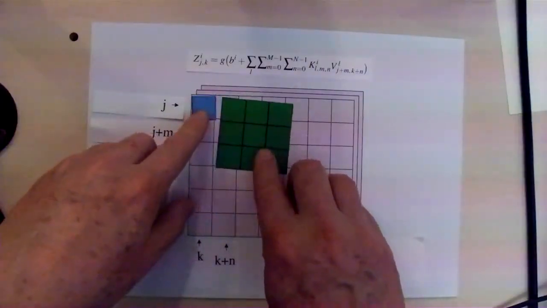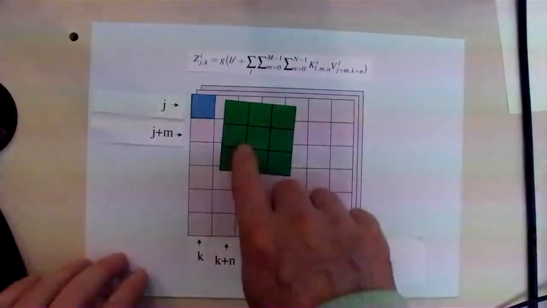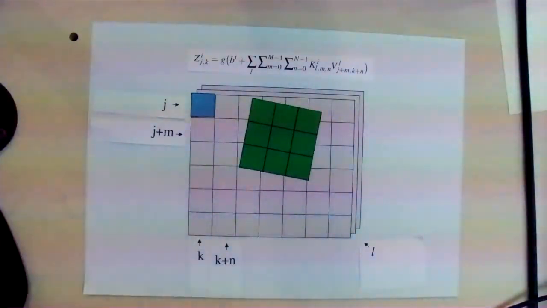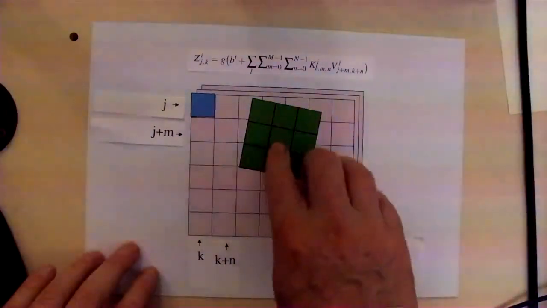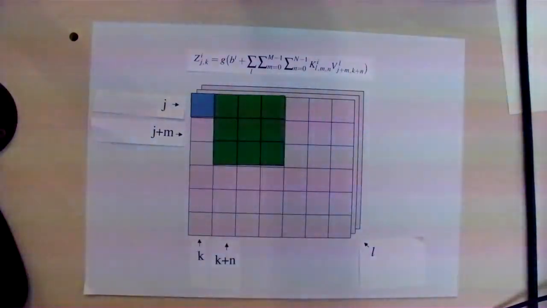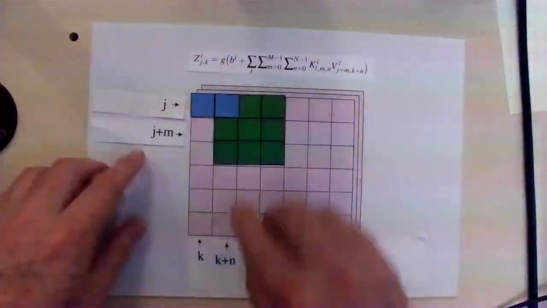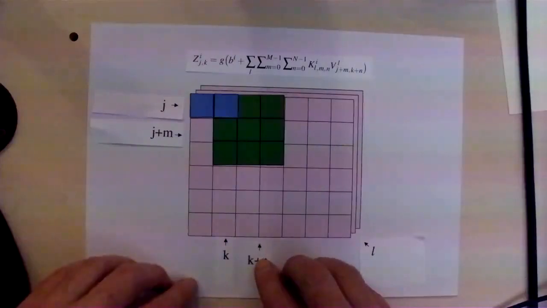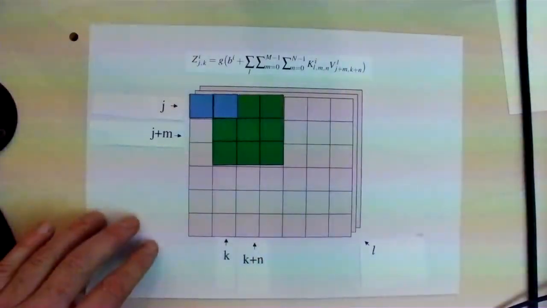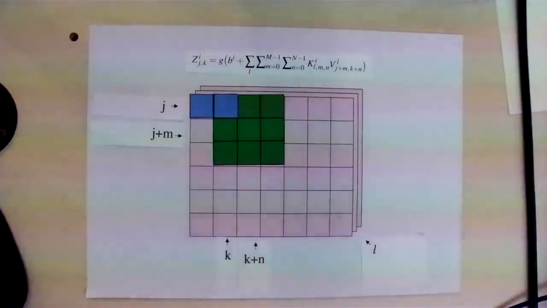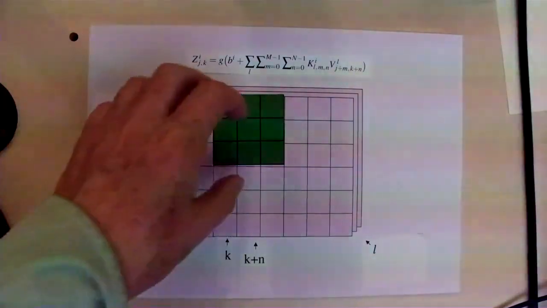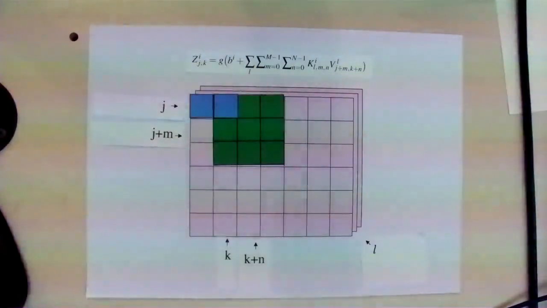Once I've computed that, and that completes the computation for that hidden node, then I move on to the next hidden node, and I repeat the process. K has now increased, and the key point here is that I use exactly the same weights. I've shifted along my inputs, but I'm using the same weights to compute the next hidden node that I used to compute the first hidden node.